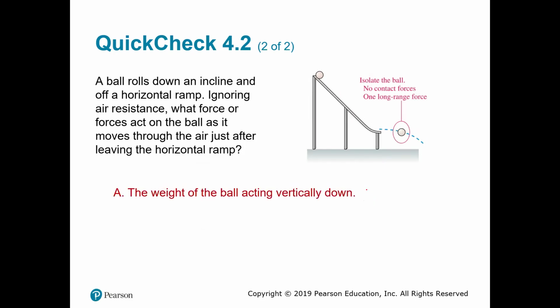So then the answer is A, right? So don't assume that because the object is moving to the right while it is moving downwards as well, right? It's moving to the right because of its initial condition. But that doesn't mean there's still a force acting on the ball in the air.